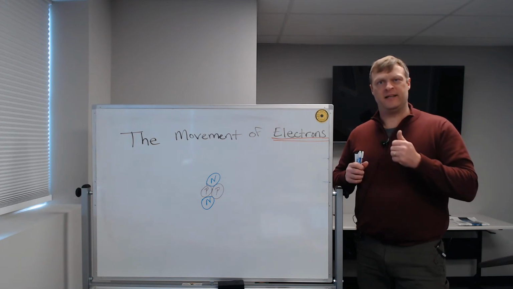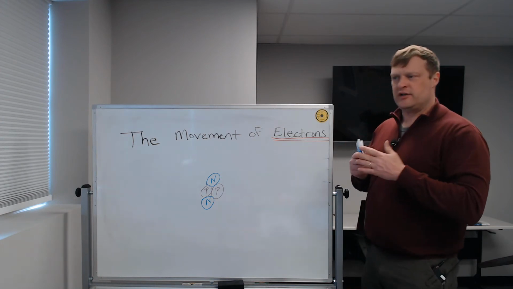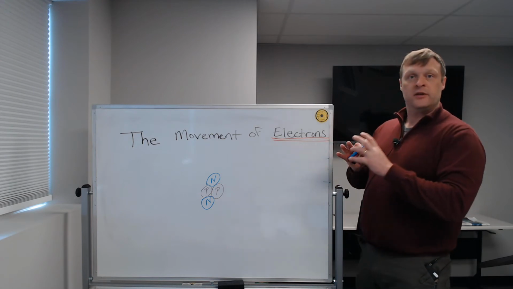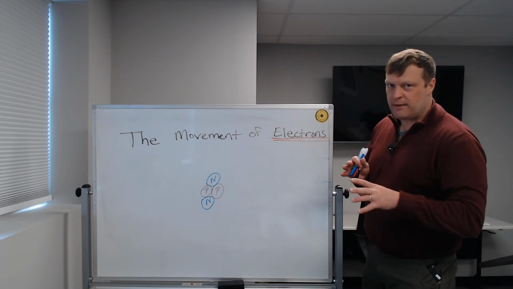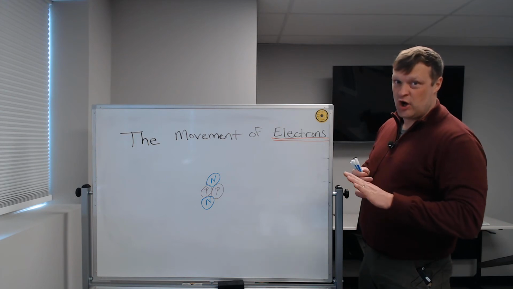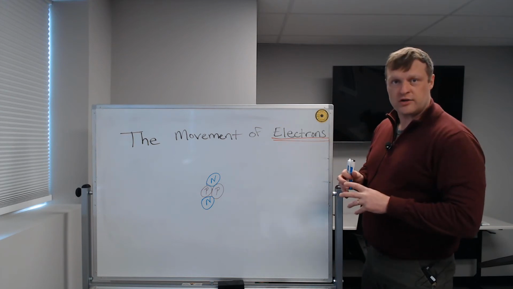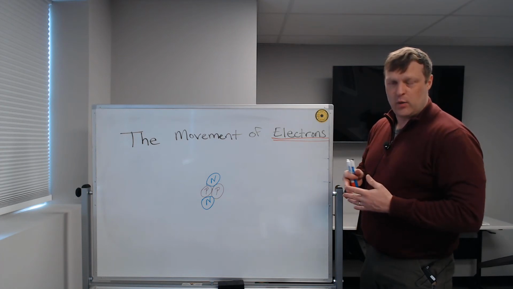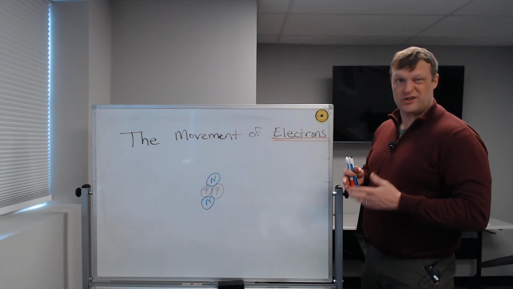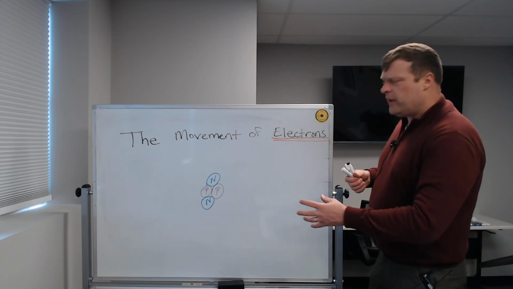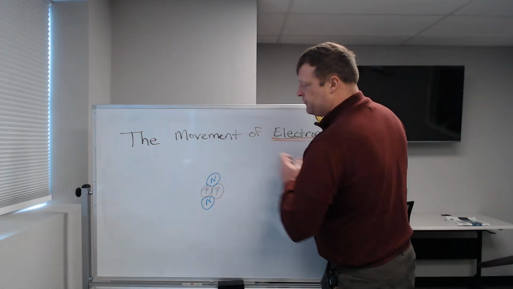Each element, it's like a fingerprint. If there's two elements that have exactly the same structure, it's not two separate elements, it's the same element. There are no two elements that have identical atomic structures. If they did, they wouldn't be two separate atomic structures, they'd be the same type of element. Well, this makes up the nucleus, okay?